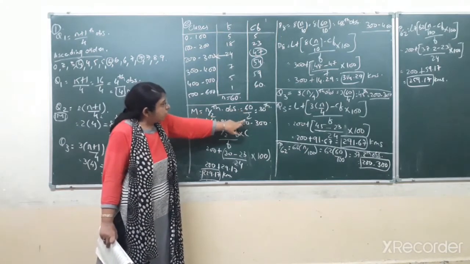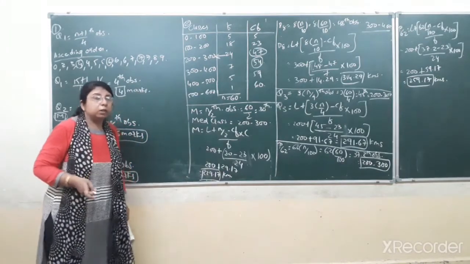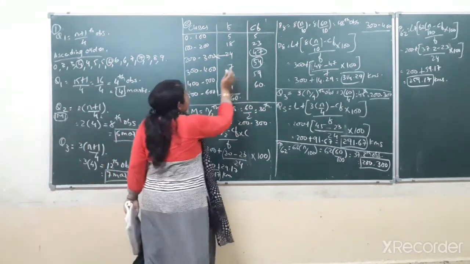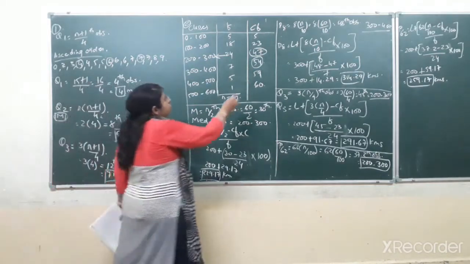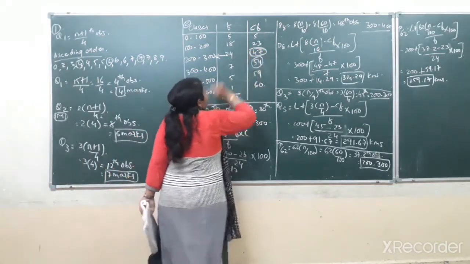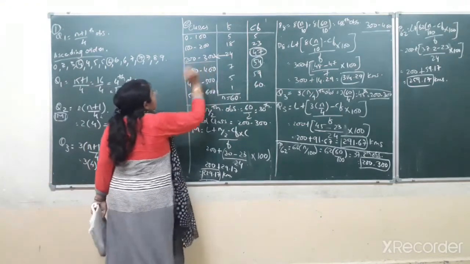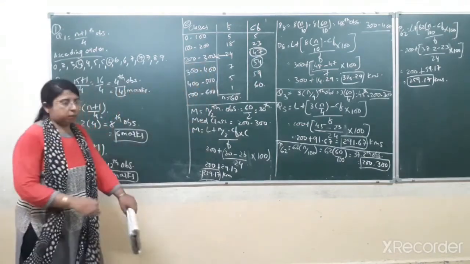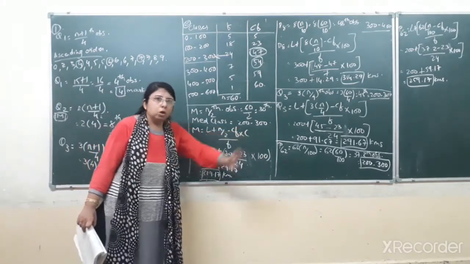So 60 divided by 2 is the 30th observation. Now you have to look for this 30th observation in the cumulative frequency, not in the frequency. The 30th observation falls in the cumulative frequency 47. So our median class would be 200 to 300. Here you can see I have written median class is equal to 200 to 300.